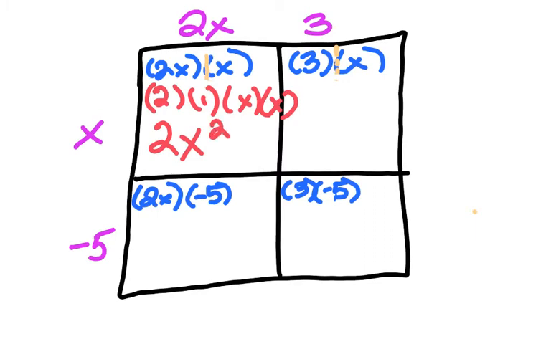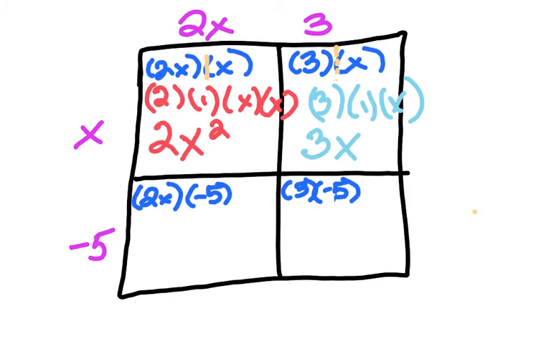Not so bad. So take the next one. We have 3 times 1 times X. And 3 times 1 is 3, and then you've got the X left over.